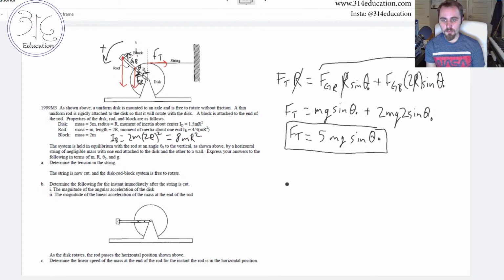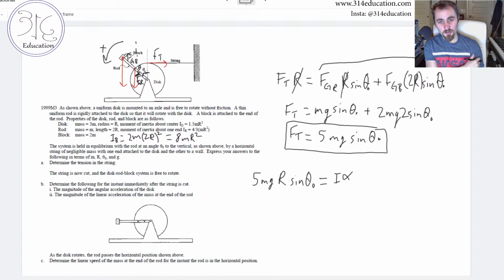So our net torque is still going to equal this guy times r, because we just divided out the r. So we have 5mgr, as a shortcut, times the sine of theta naught. This is the net torque in the counterclockwise direction, and it equals our moment of inertia times our angular acceleration.